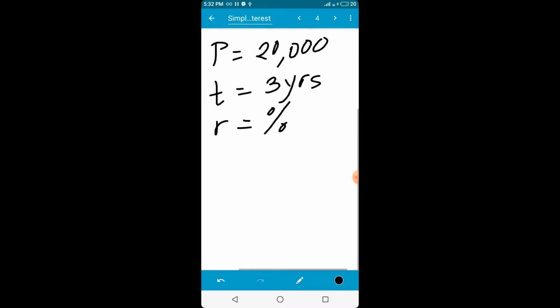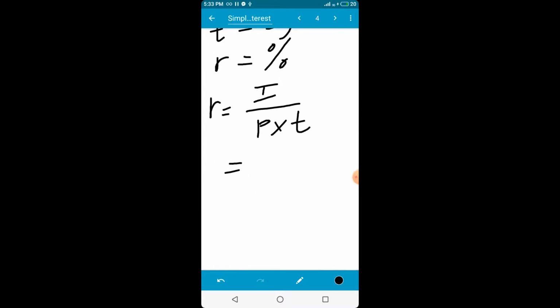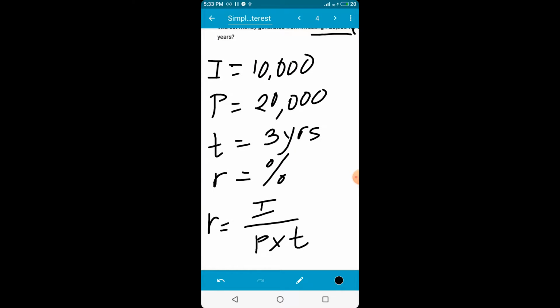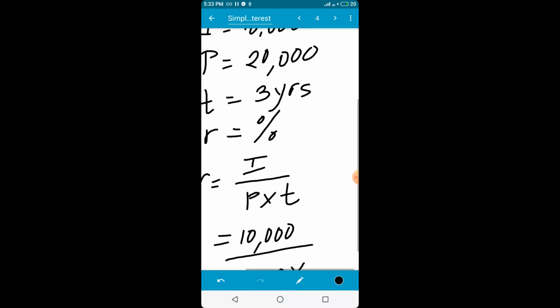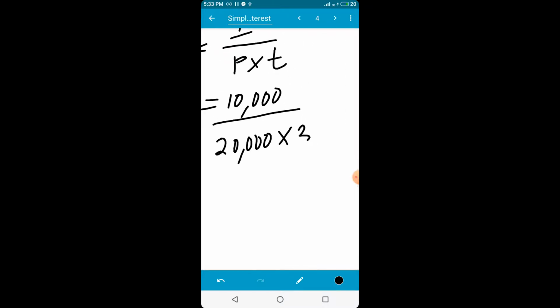Let's use the formula. We have rate equals I over P times time. The interest amount is 10,000 over the principal times time. The principal is 20,000 times the years, that is 3.